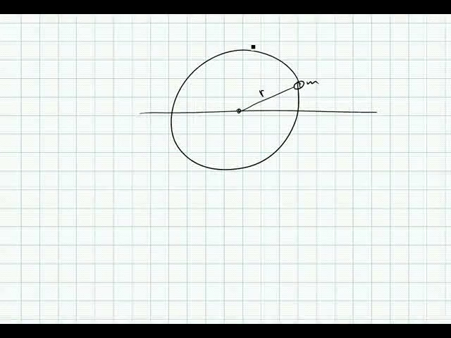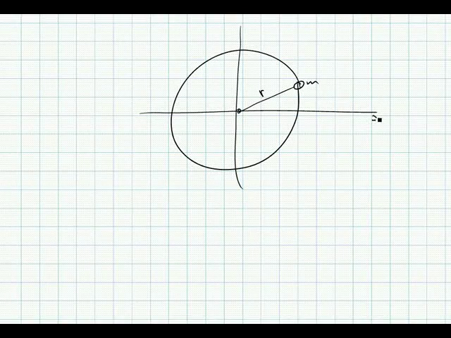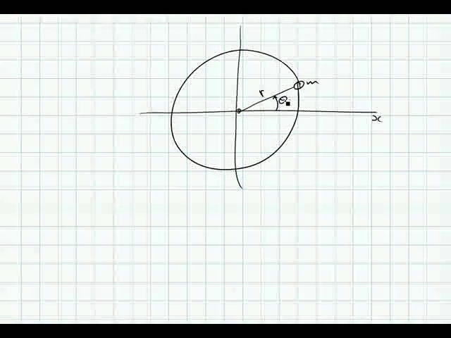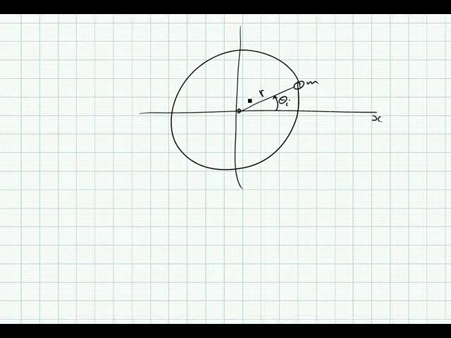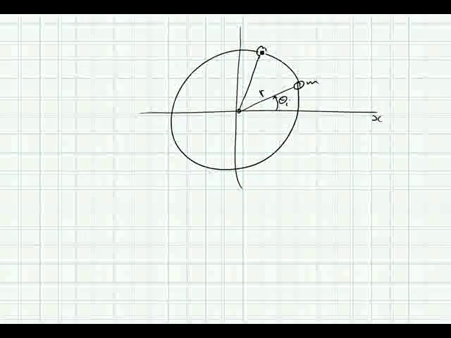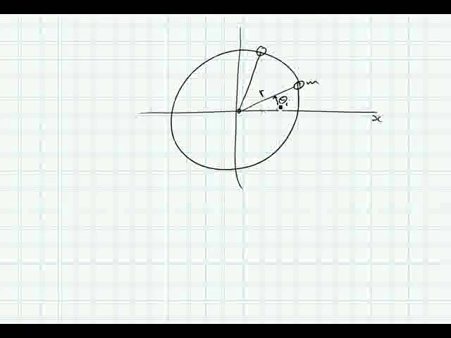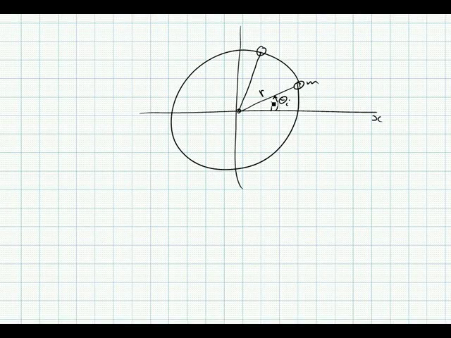Let's say in our xy coordinate system, the object's initial position is defined by an initial angular position theta i, and it moves to a final angular position, let's call that theta f.